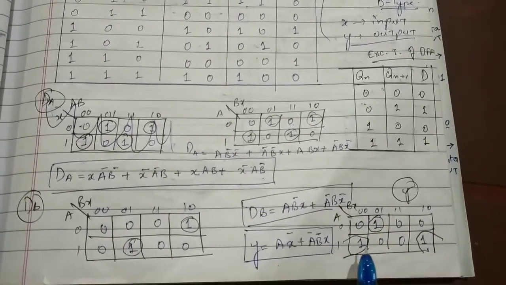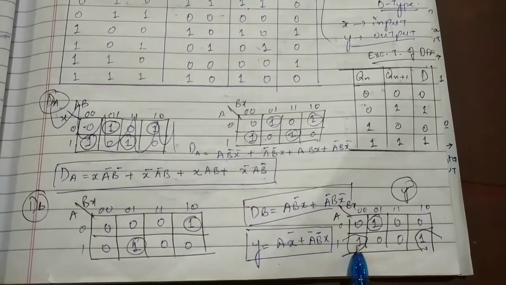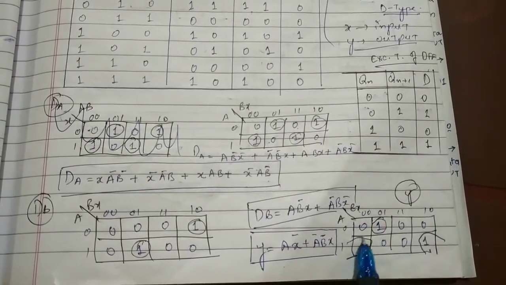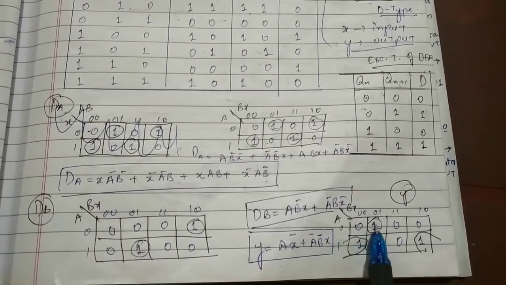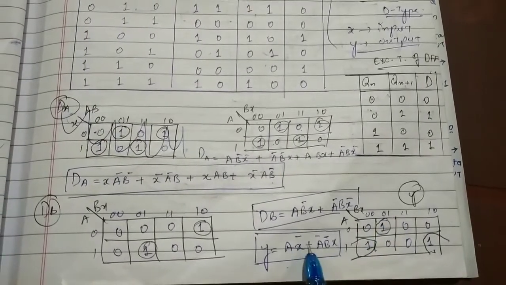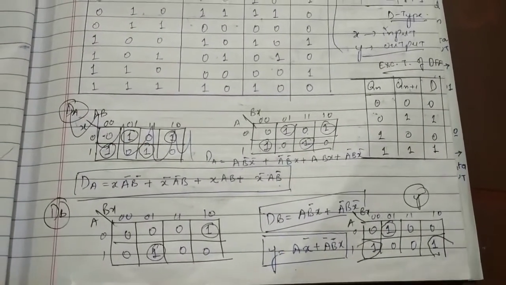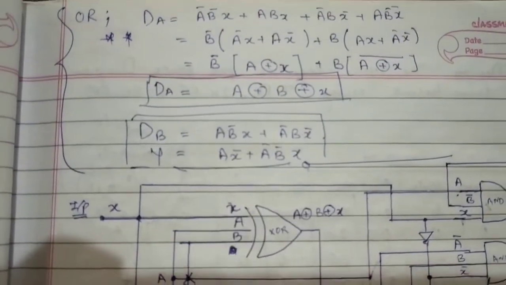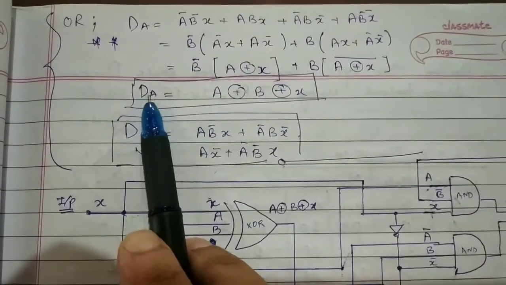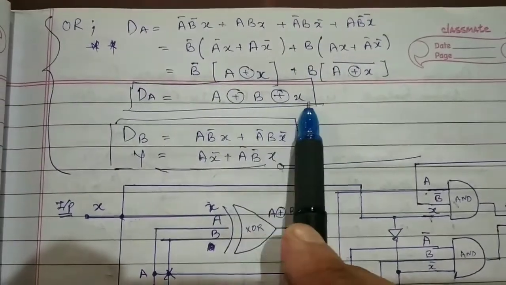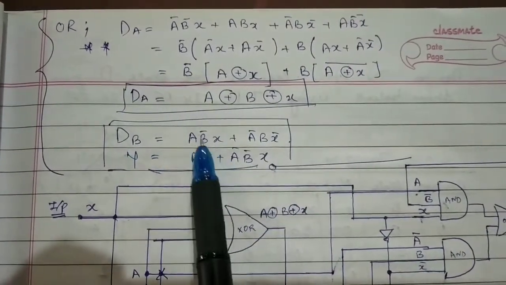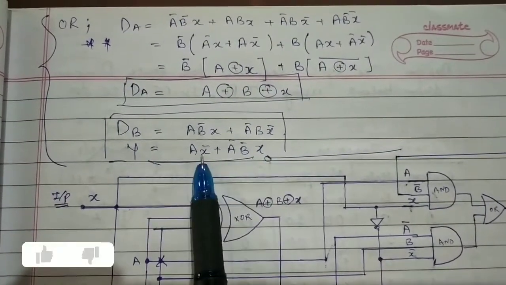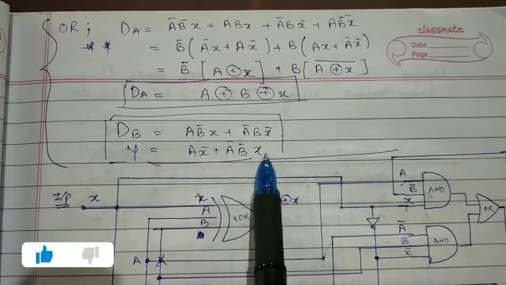So we can write this as A X bar plus A bar B bar X. So we got Y also. Now we have the three equations: for DA, A XOR B XOR X; for DB, A B bar X plus A bar B X bar; for Y, A X bar plus A bar B bar X.